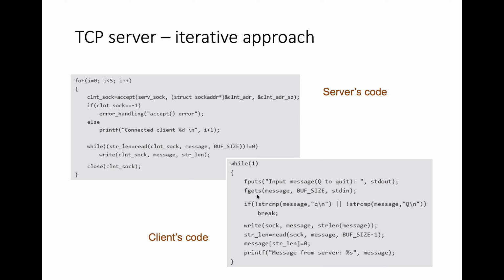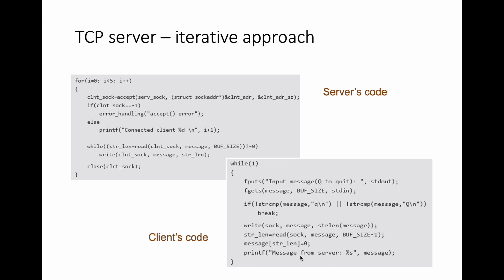Here we are getting a message from the console. We are reading whatever the client is typing from the keyboard using the fgets method, and then we are sending that to the server using this write function call, and then we are reading the message that the TCP server is sending back to us after our write function call.